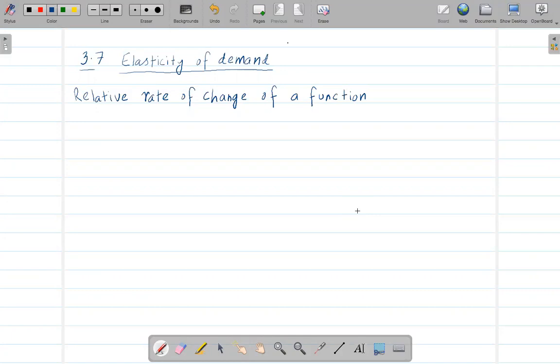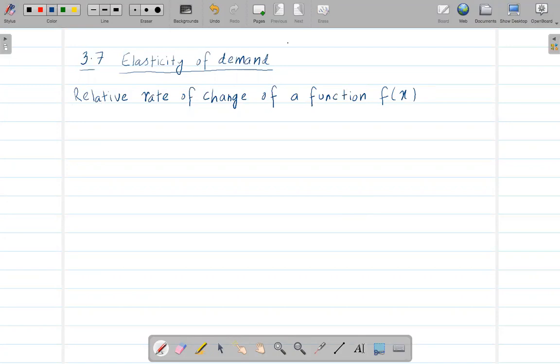All right, so before we talk about the elasticity of demand, first we need to know about the relative rate of change of a function. Let's say a function f of x.